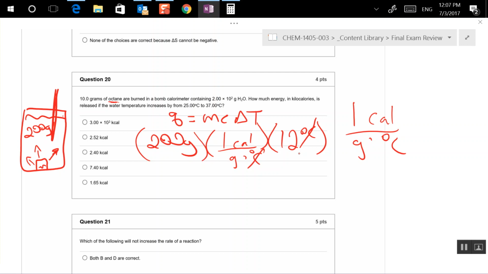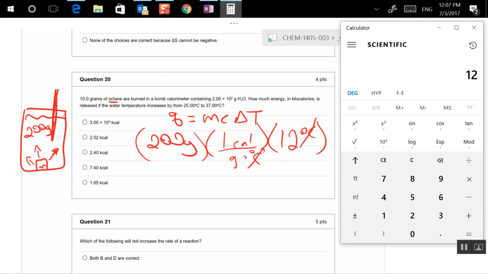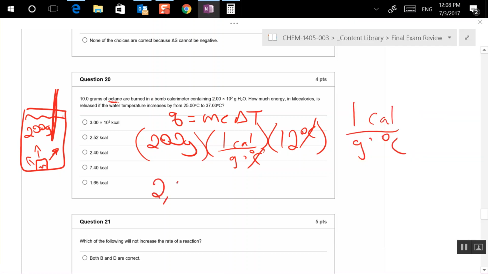Calorimetry, degrees Celsius. Okay? So when they give you STP, that's standard temperature and pressure. 0 Celsius, 273 Kelvin, and 1 atmosphere. That's right. Okay? Times 12, I'm going to get 2,400 calories.